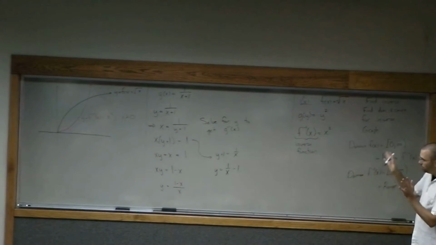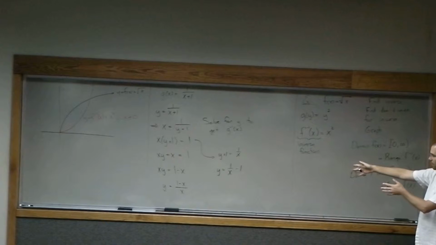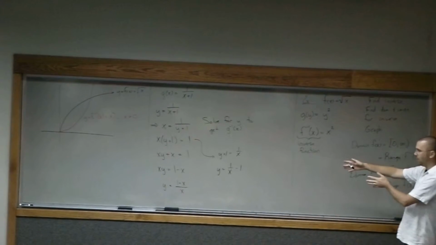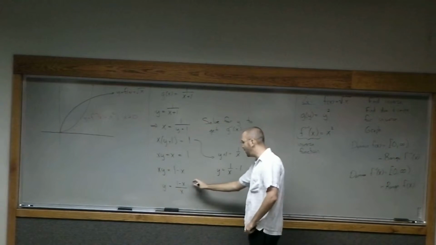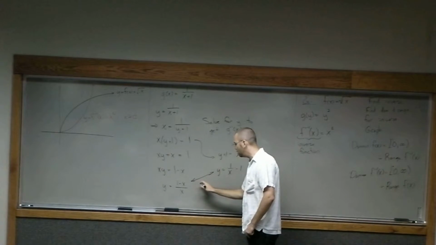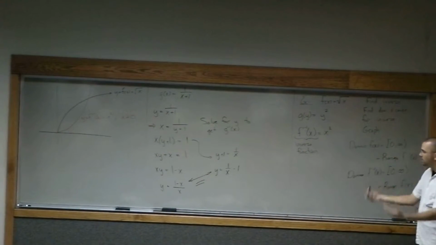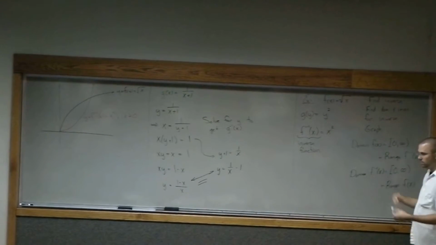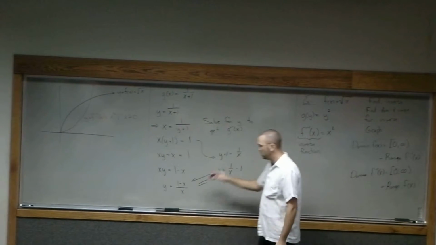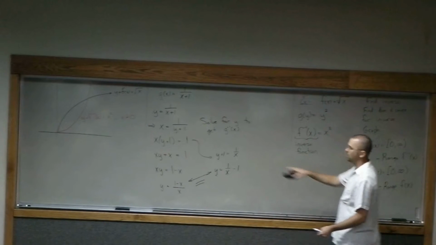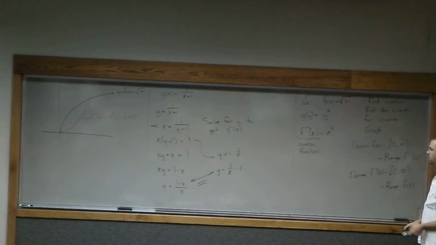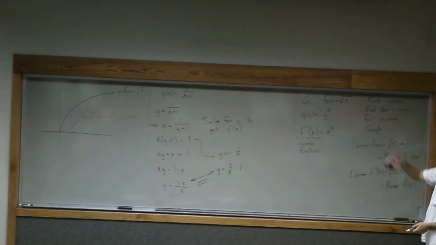Both of these are the inverse. These are the same answer, just written differently. Whichever one you're more comfortable working with, go for it. These are the inverses that we get for this function.